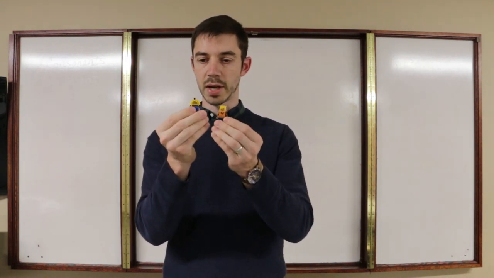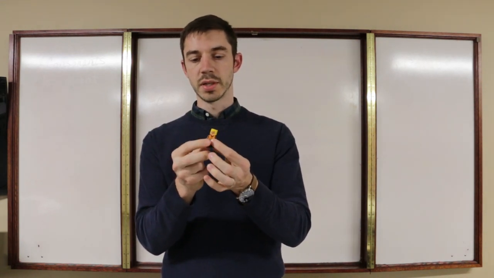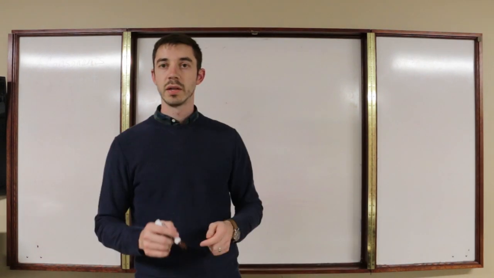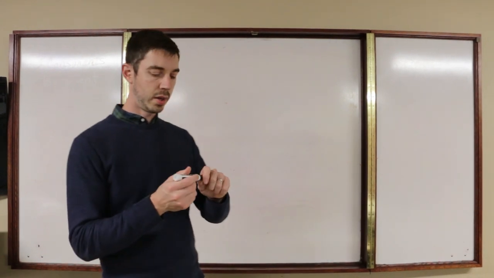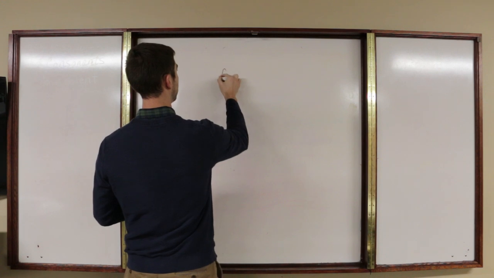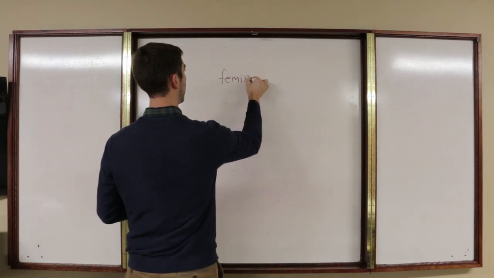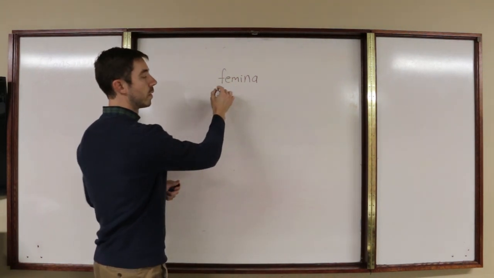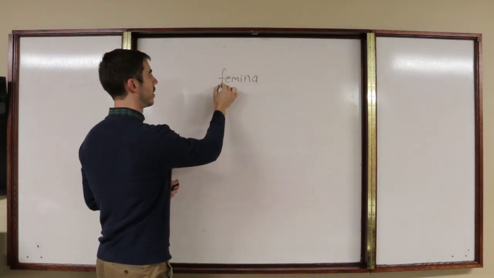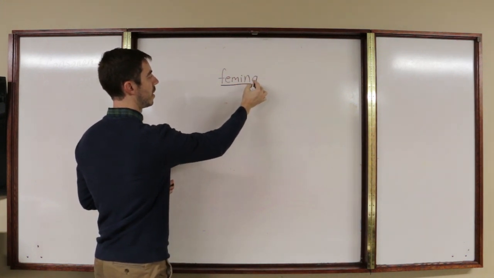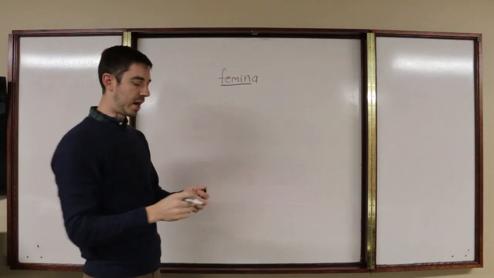You can think about this like little Lego men. Let's think about the stem of a word. Let's put a word up here, femina, woman. This is the stem, femin, and then the ending is a.